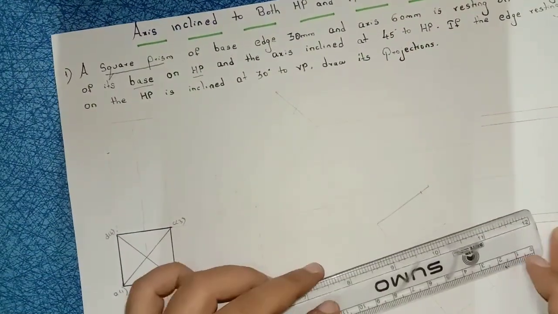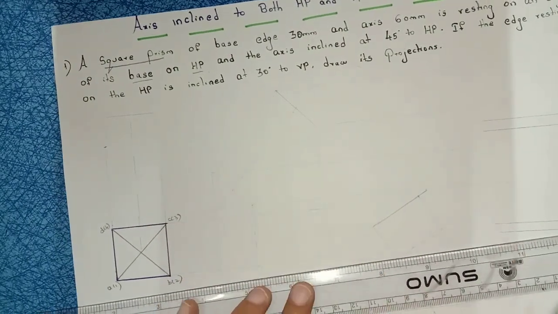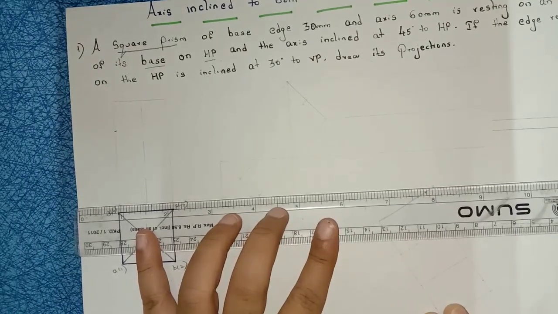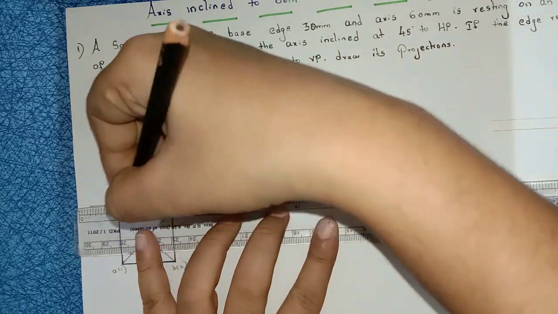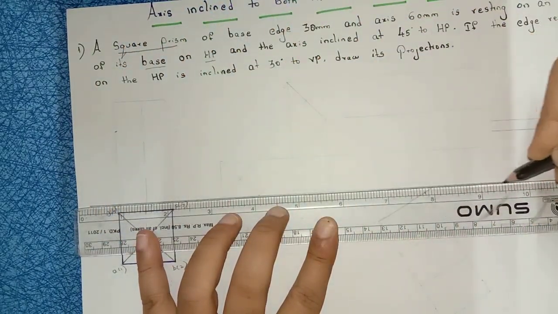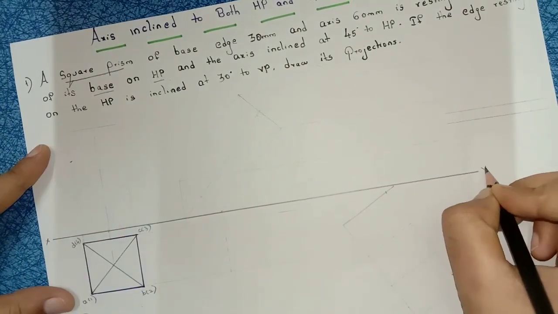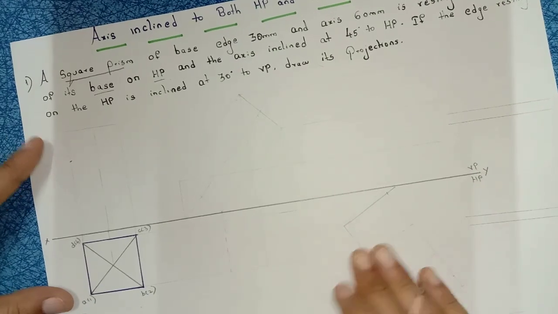After that, from this side, leave 5 mm gap and draw the reference line of any length. Name this reference as XY, vertical plane and here horizontal plane.